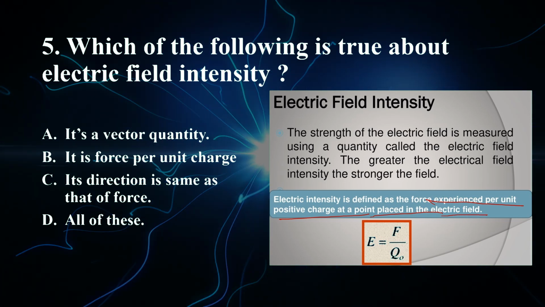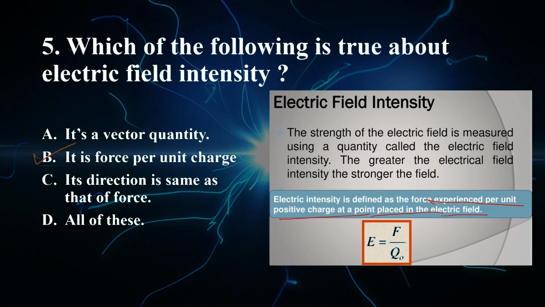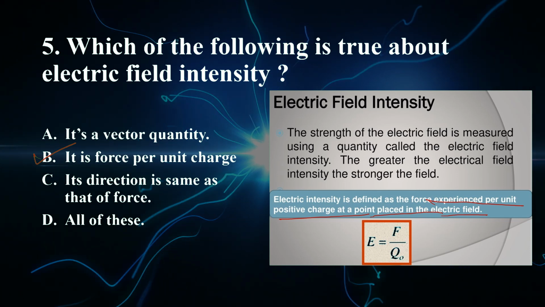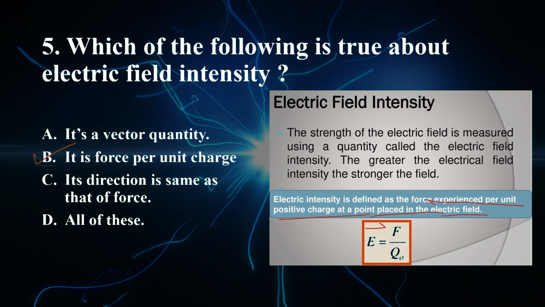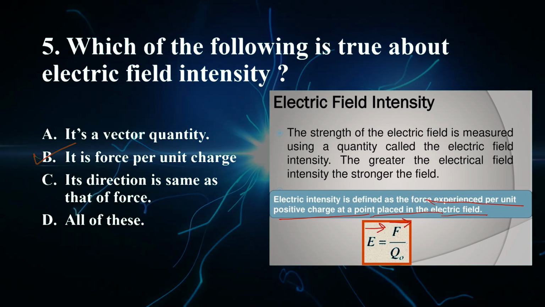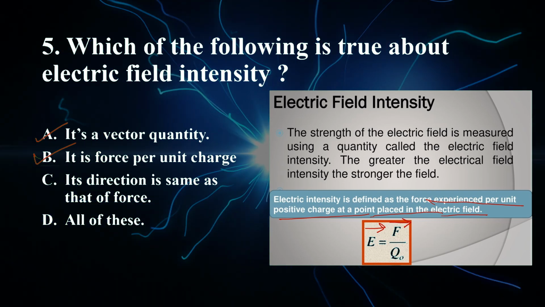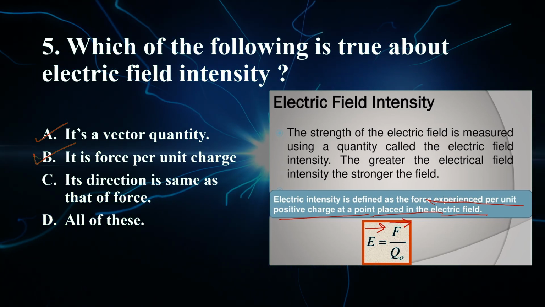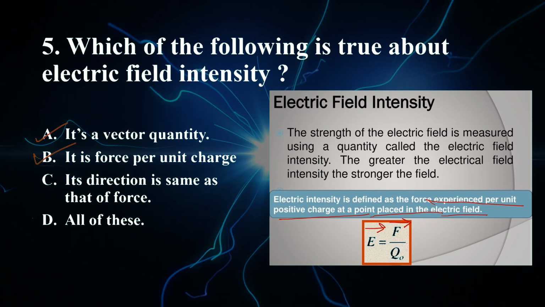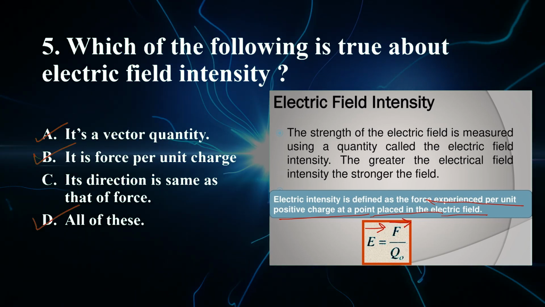So it is force per unit charge, yes, and it is a vector quantity, yes, because it has a direction same as that of force. So in short, we can conclude that all of these options are correct.